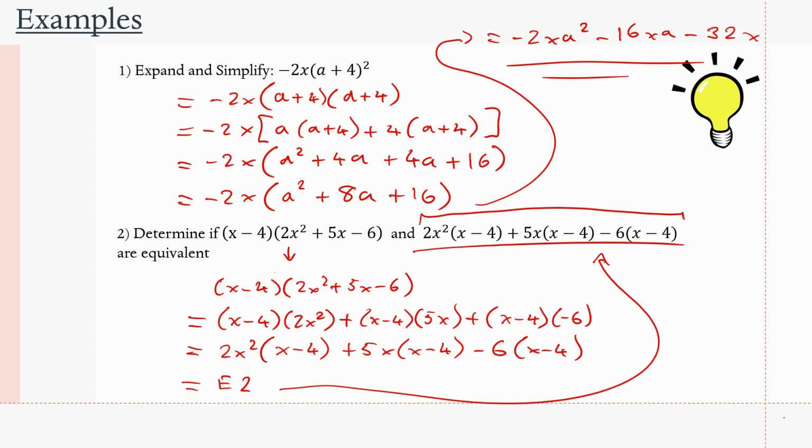So from this, we can say that expression 1, which is this right here, is equivalent to expression 2, right? Because once we did the distributive property, we can see that they're exactly the same.